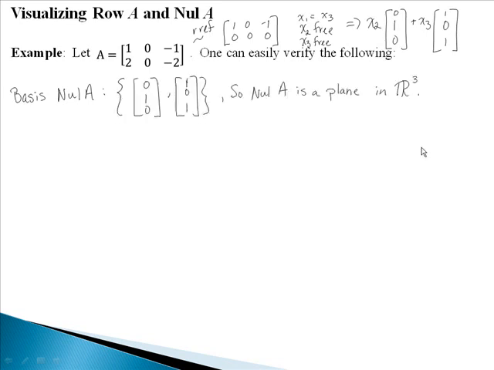So since we have two vectors in my null space of A and they are in R3, we know that the null space of A is a plane in R3 space.